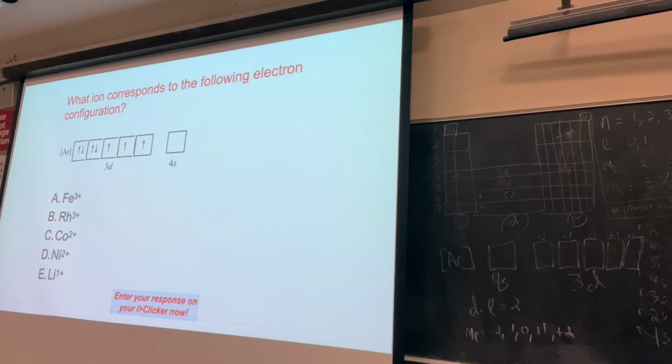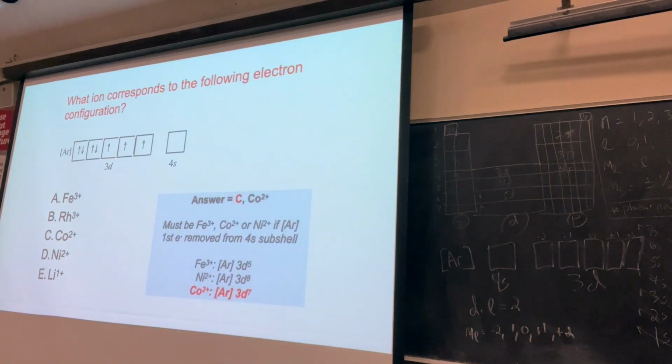If you start here with scandium, scandium would be 3d1, 3d2, 3d3 for vanadium, 4, 5, 6, 7. Cobalt would have a 4s2, 3d7. And for cobalt 2 plus, you'd take away these 2 electrons, but you'd still have 7 there. So cobalt 2 plus would have this configuration.